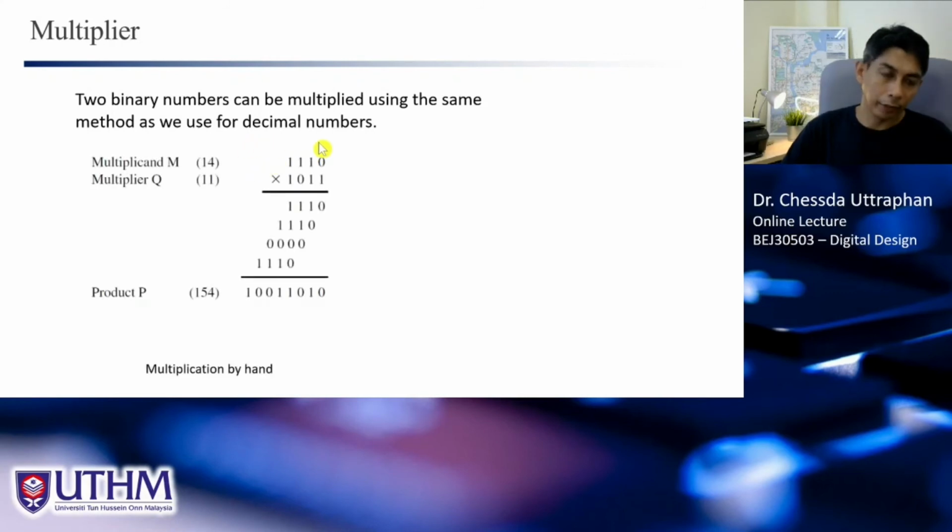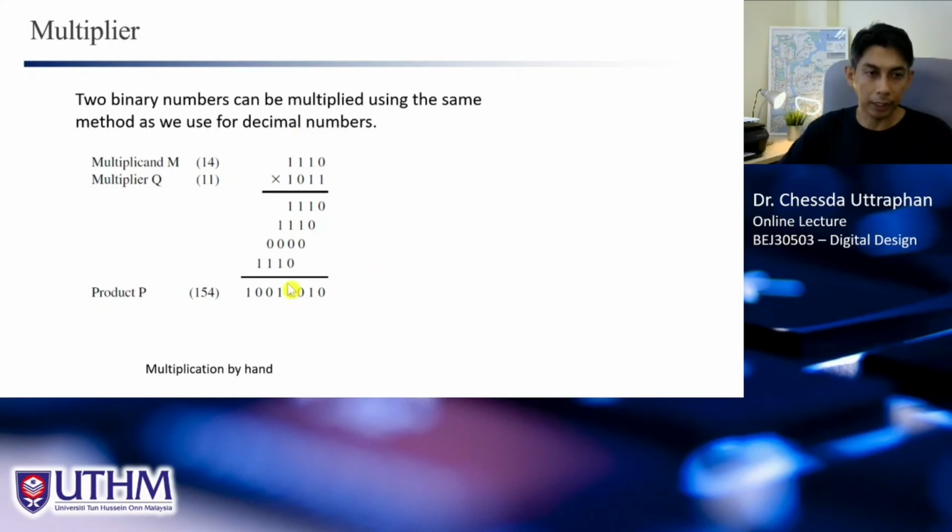So again, when we want to design a circuit that can perform mathematical operations, we need to understand how the operation is performed in binary representation. Just like what we did in designing the adder, right? So we need to know how to perform the operation in binary.